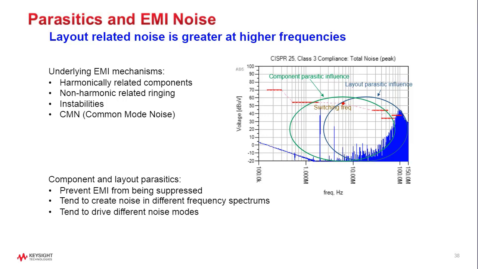These parasitic inductances are easily going to be in the 1 plus to 4 or 5 nanohenry range, and under those conditions and these higher switching frequencies, and you look at this plot here, this is a 2 megahertz switcher, those harmonics and those edge rates and those parasitics in the layout are going to cause a lot of higher frequency noise content.